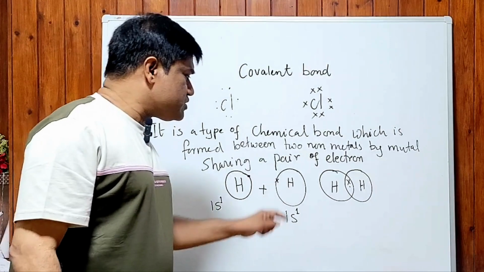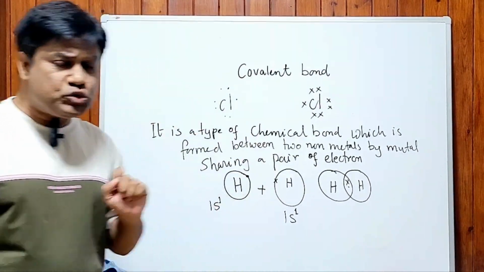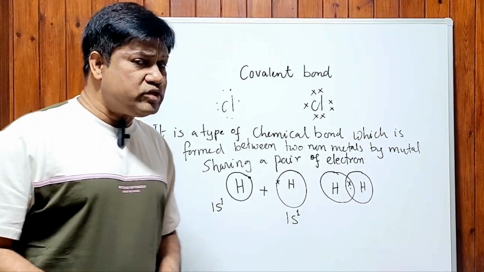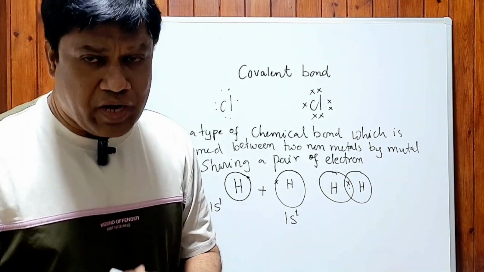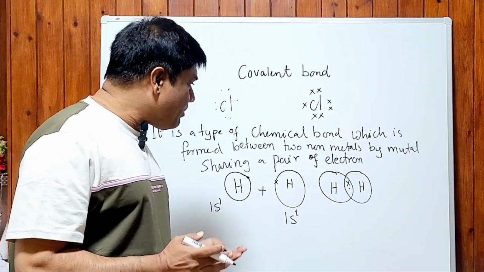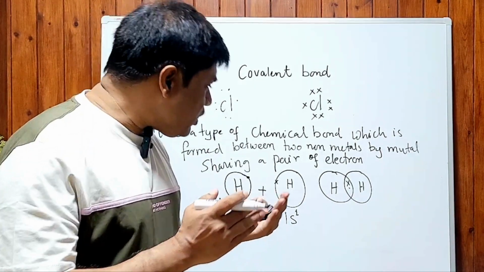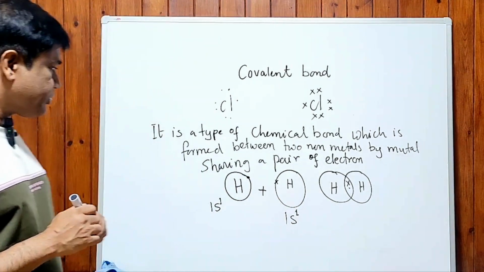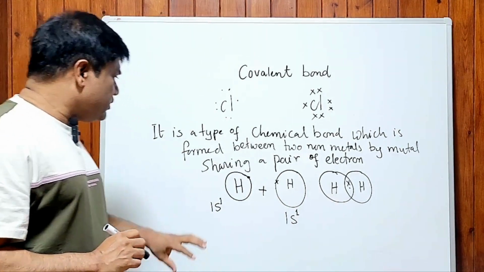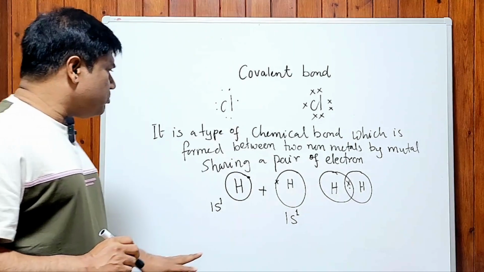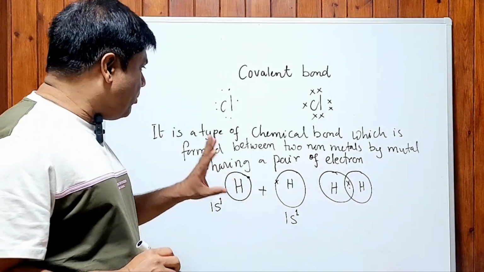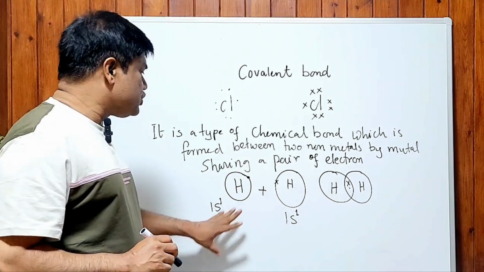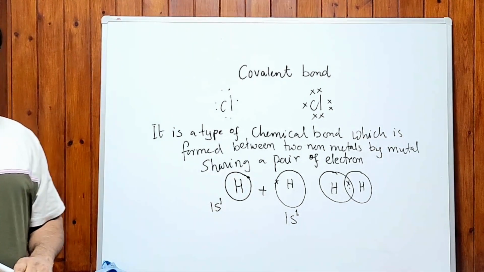This bond is not as strong as an ionic bond, because it is formed by simple overlapping of a pair of atomic orbitals. Anyway, a covalent bond is formed between two non-metals by mutual sharing of a pair of electrons.